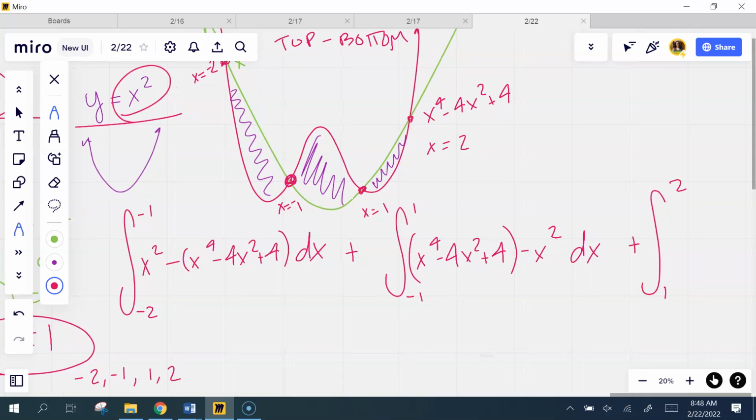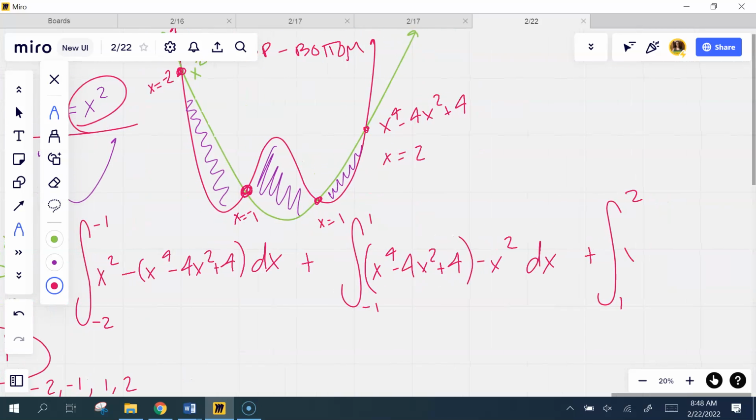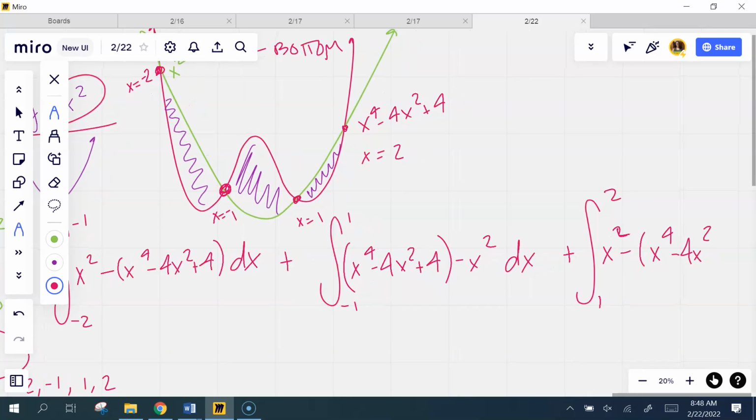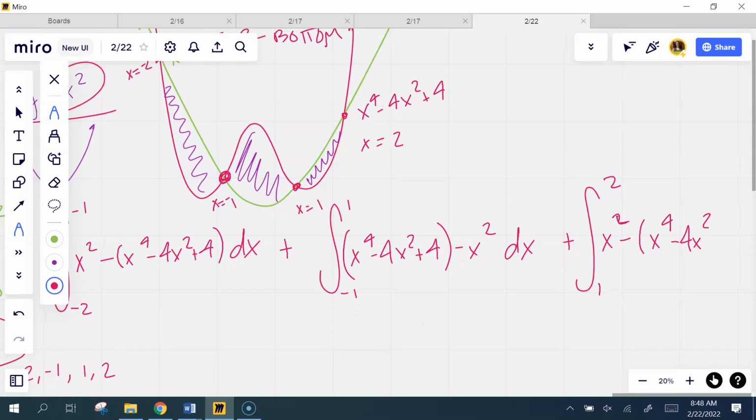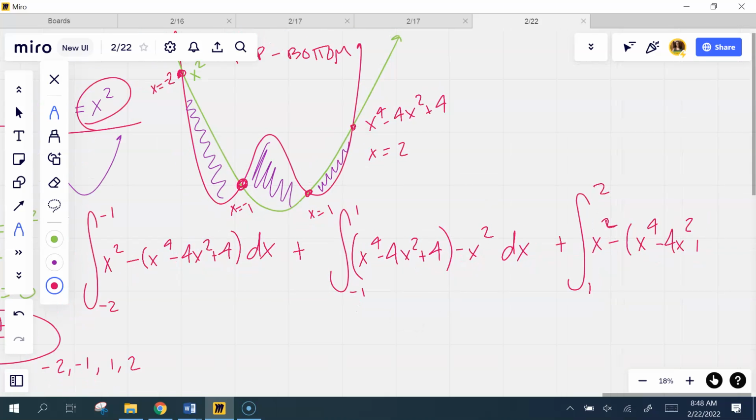Which one's on top? X squared minus x to the 4th. The good thing is they're not very complicated. Once you have it, it's easy. It is. It's just a lot of tedious work, but I wouldn't even say that it's algebra 2 work past that when you're plugging in.